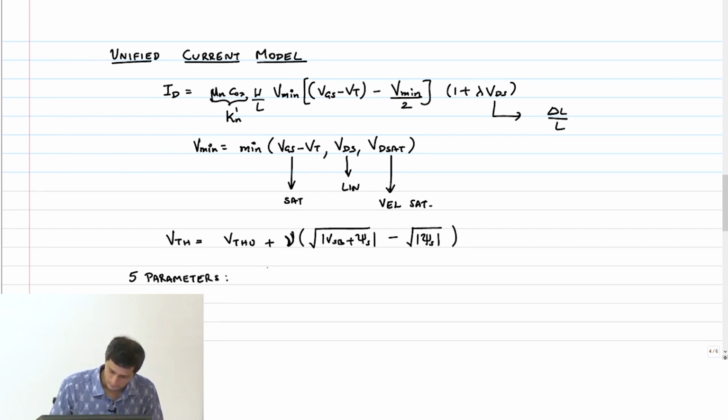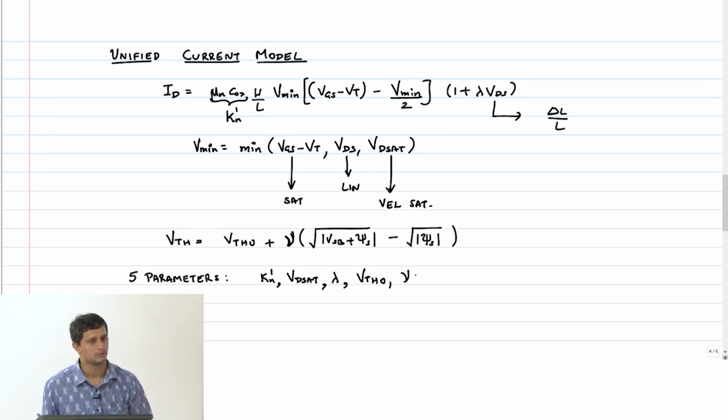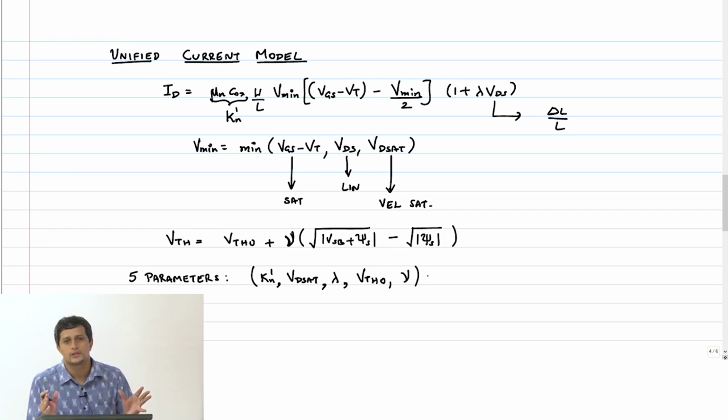One is Kn prime, second is my VD sat, third is lambda, fourth is my VTH naught, and the fifth parameter is gamma. These 5 parameters characterize uniquely a particular transistor in that technology.